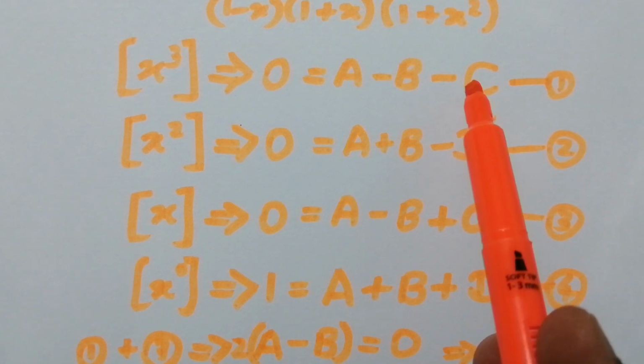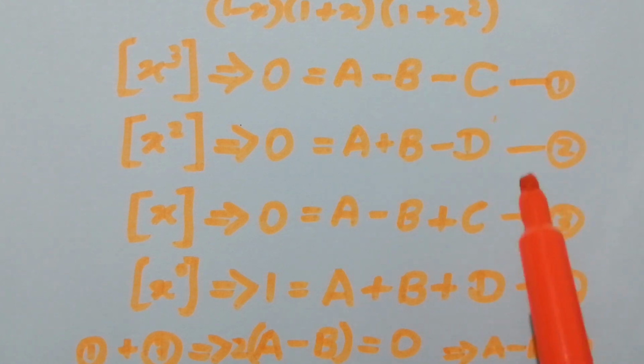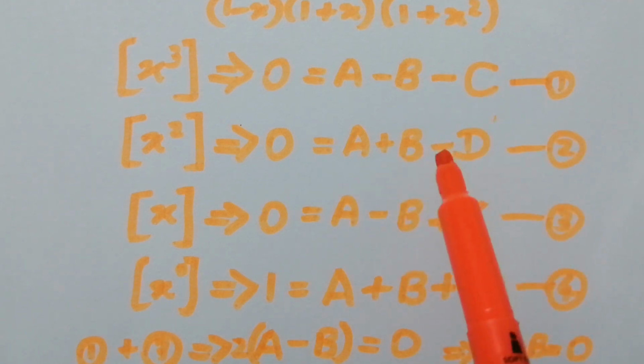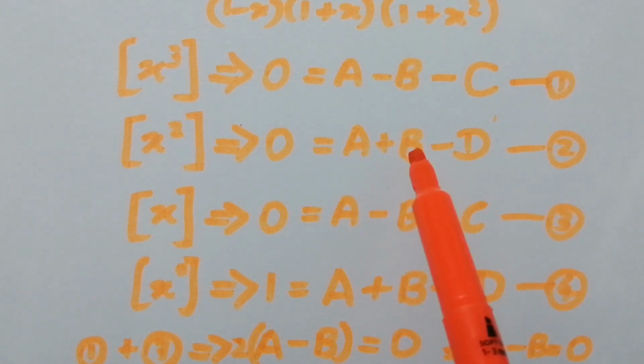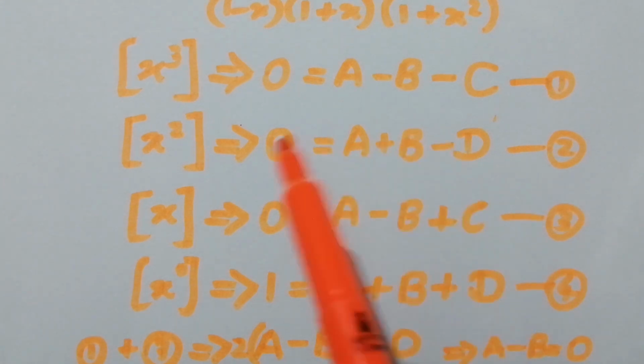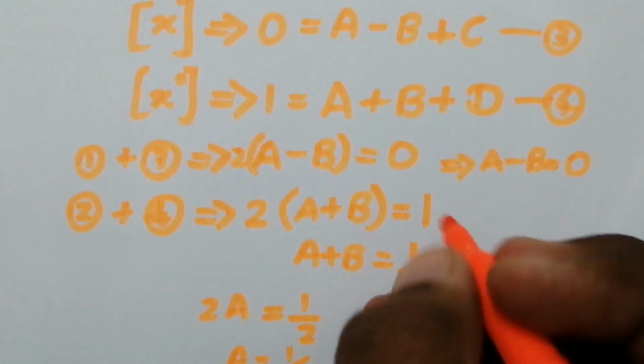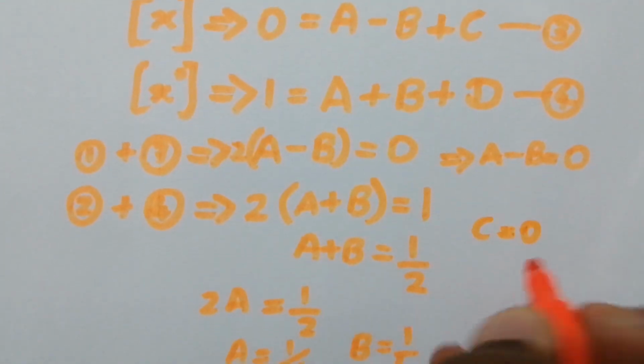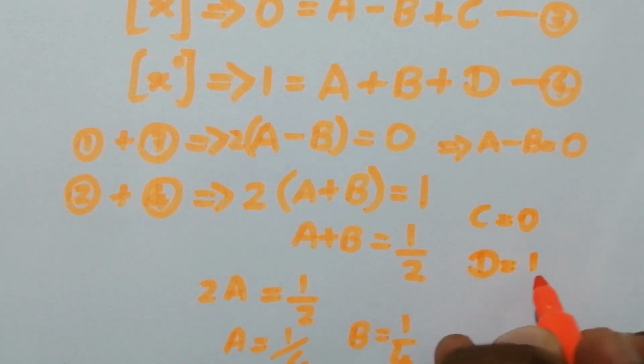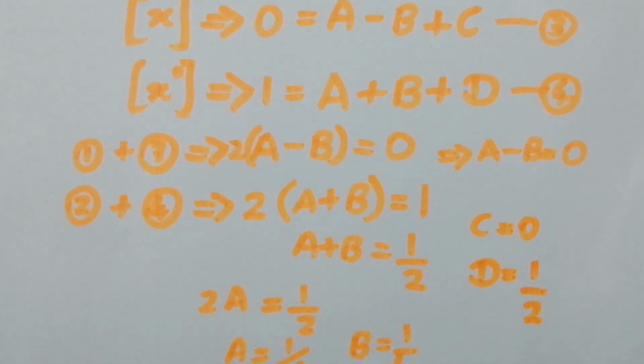Then c equals 0. Then by substituting it in the second equation, 1 upon 4 plus 1 upon 4, it is half. Then d equals half. Then I can write c equals 0, d equals half. You can separately work out this part and apply to the question.